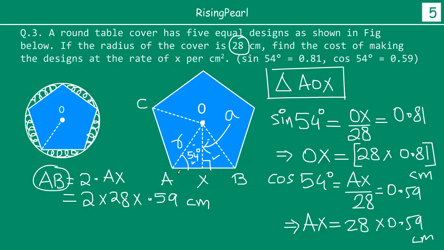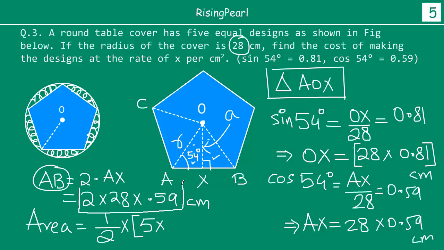Now AB is the measure of one of the sides of the pentagon. So the area of the pentagon will be equal to half times the perimeter, which is this length AB times 5. It is not X. It is this length, this length, this length, this length, this length. So 5 times AB, which is this value, 2 times 28 times 0.59.